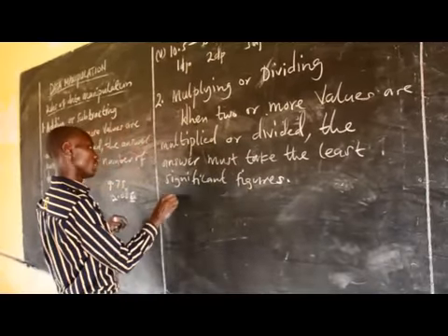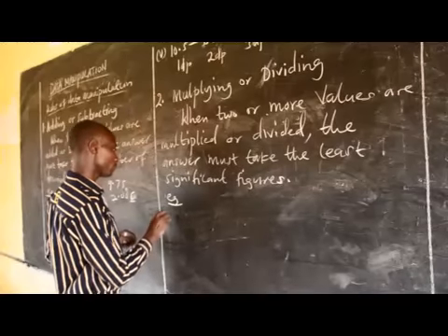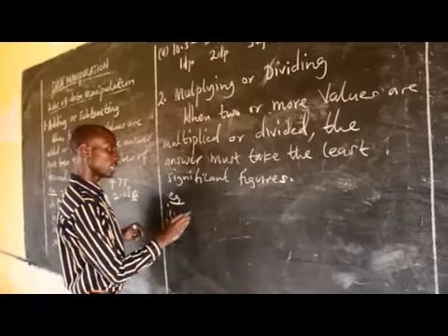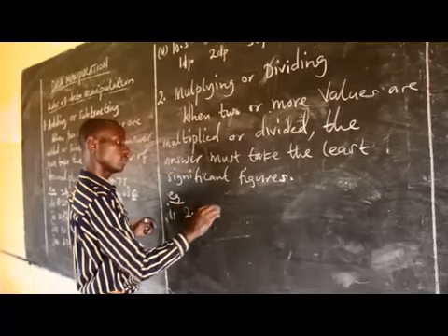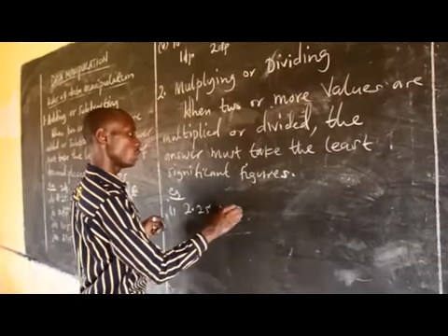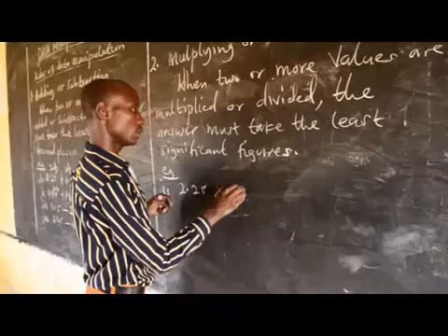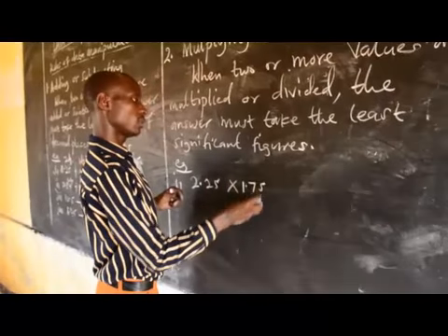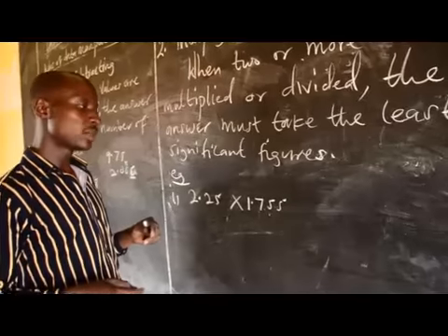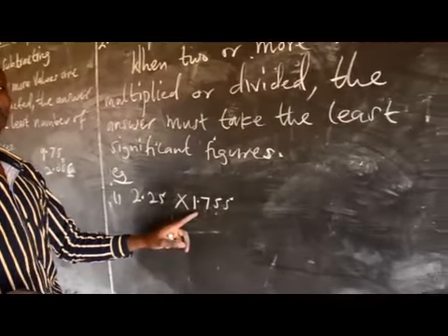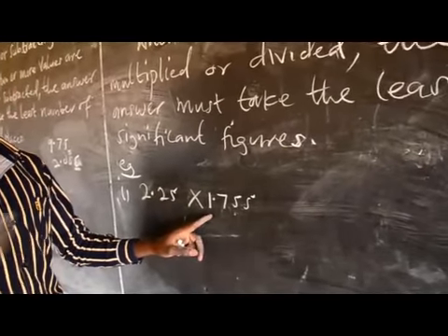Let me see. Some examples are here. Let us multiply 2.25 by 1.755. By the way, if they are the same number of significant figures, of course, if there are 2, that will be to 2.